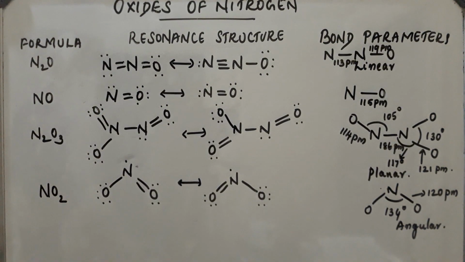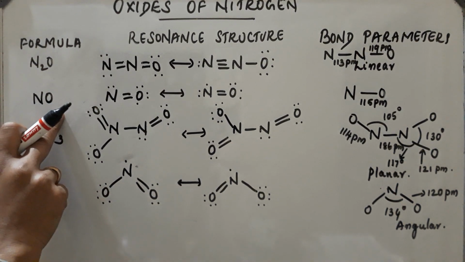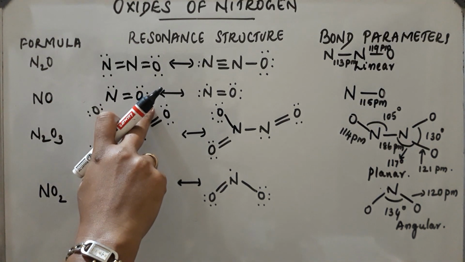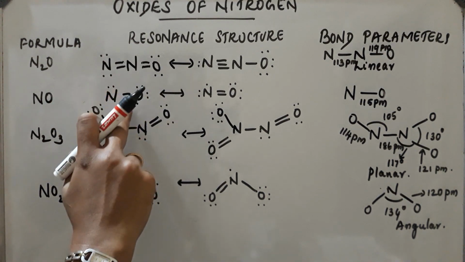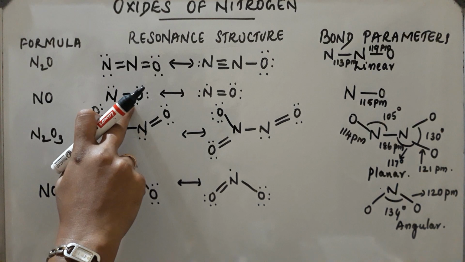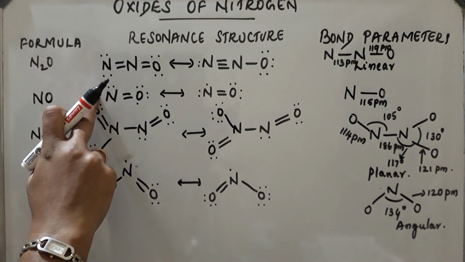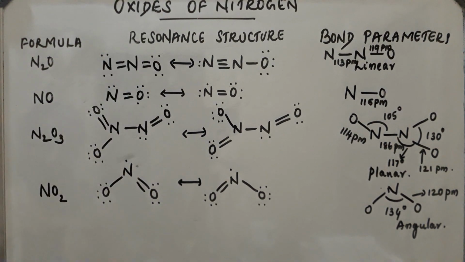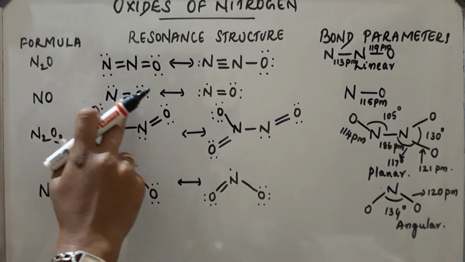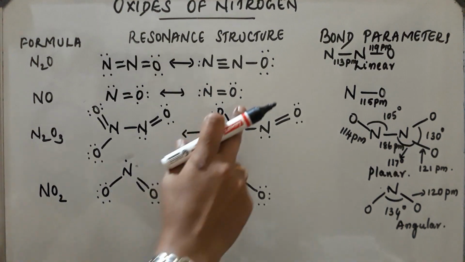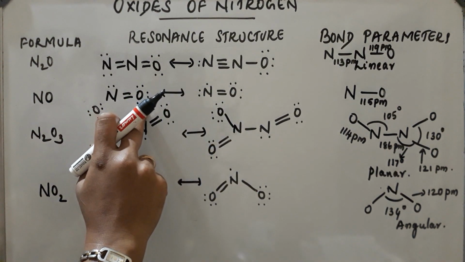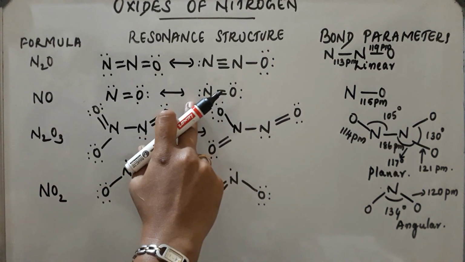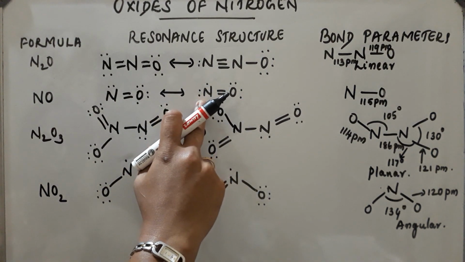Now next, NO, nitrogen monoxide. Here oxygen has 6 electrons, so 5 here and 1 electron is used for sharing. Here nitrogen contains 5 electrons; 2 already here and these 3 electrons are used for sharing, so they form N double bond O. Similarly, here oxygen contains 5 electrons, an odd number of electrons, but in the opposite case nitrogen contains the odd electrons.